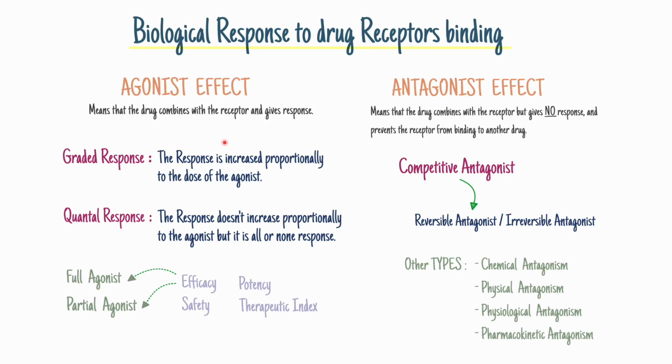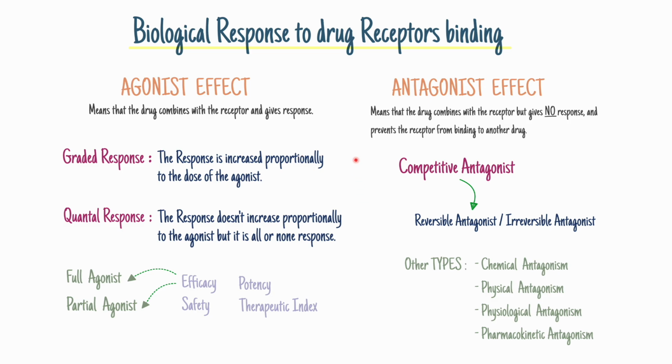We have already discussed the receptors, types of receptors, the targets, carrier molecules, enzymes, and so on. Now the main question is, what is the response that we can reach when the drug binds to this receptor or that receptor?